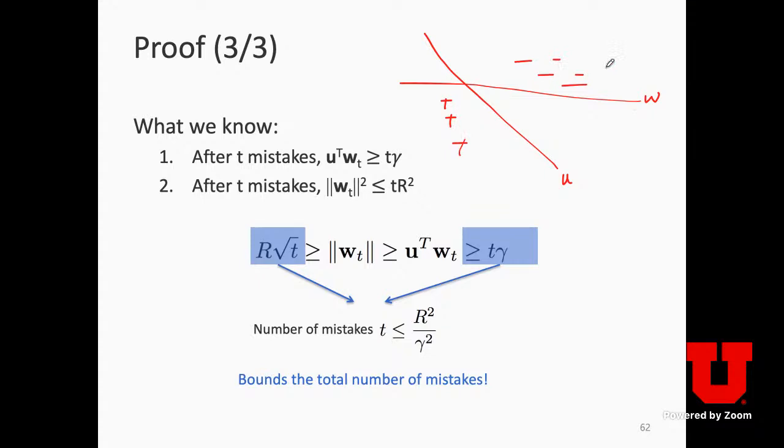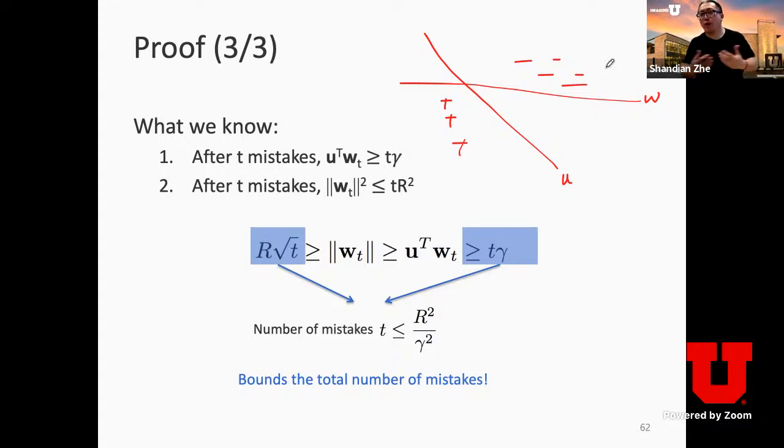So u is just an example of a separating hyperplane. You can view it as a reference hyperplane. u just provides some information so that we can bound the number of mistakes or updates needed to adjust w.